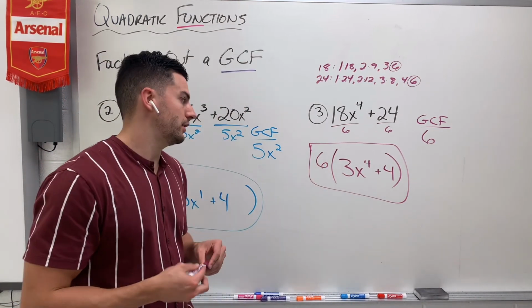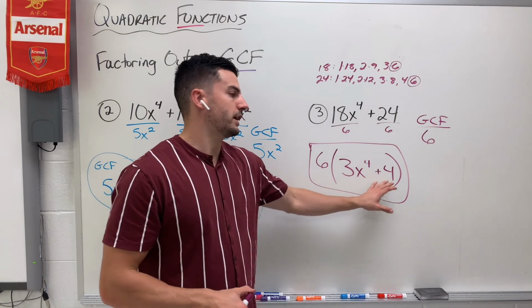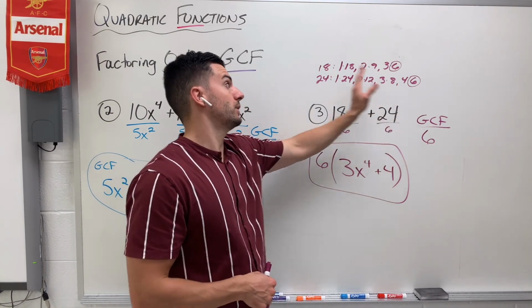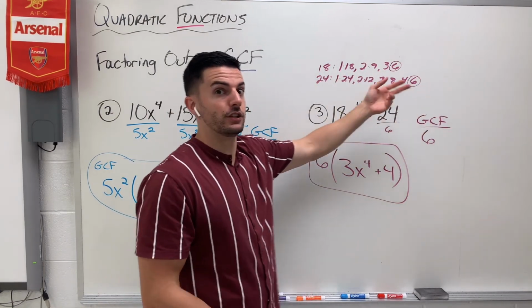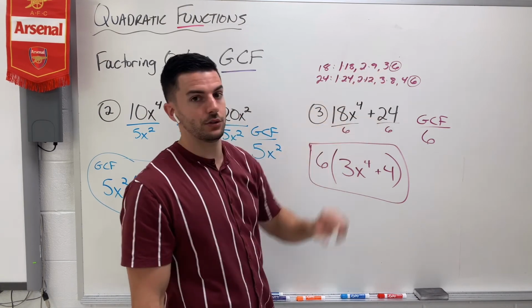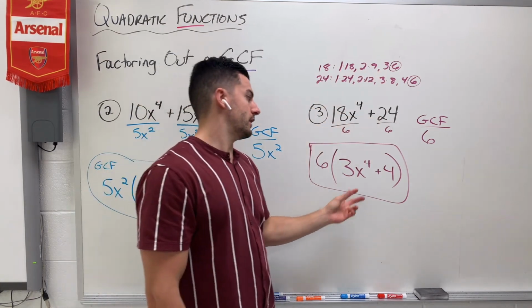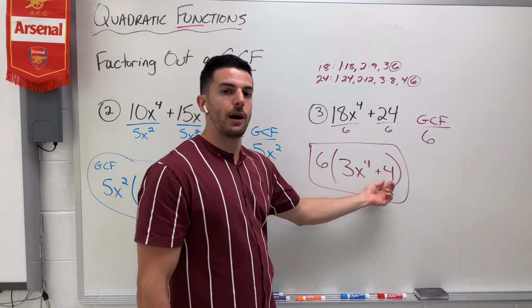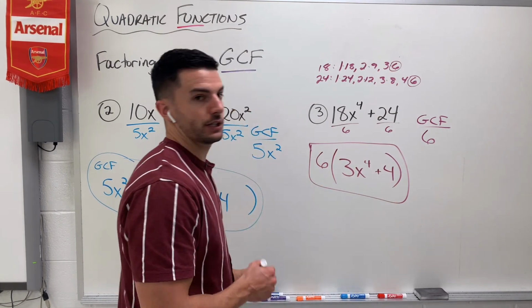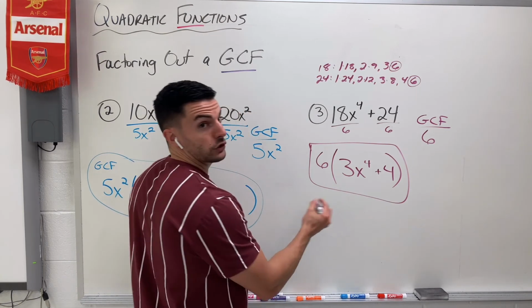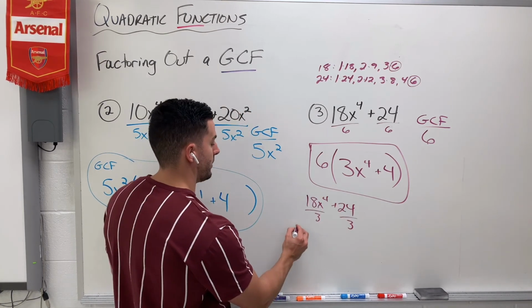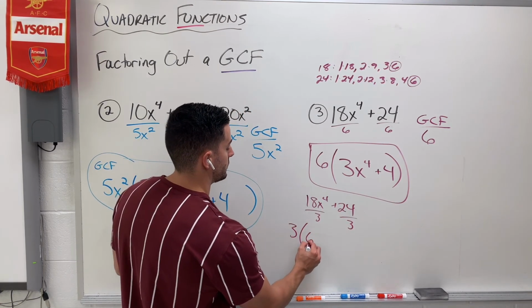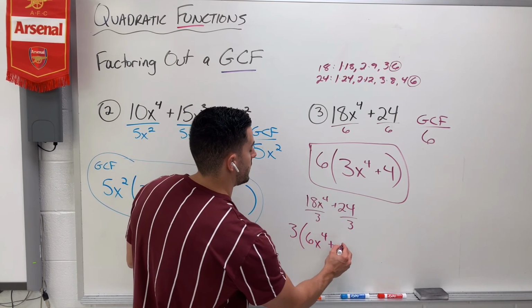Or here's another thing, to make sure you divided right. Sometimes it's tricky too. Like if you don't make your lists, you might have said, oh, 3 is my GCF, okay? Another key is that when you divide out a GCF, there should be no other common factors in the group here. So just real quickly, if you chose 3 as your GCF, you would end up with 3 times 6x to the 4th plus 8.